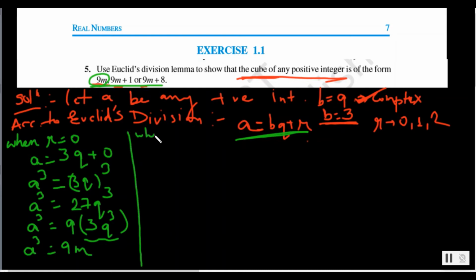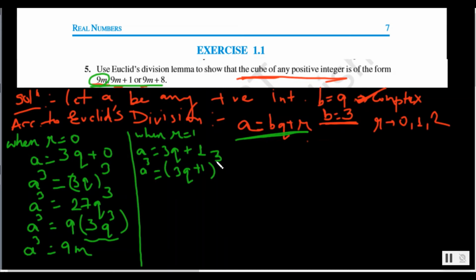When r equals 1, a equals 3q plus 1. Now cubing both sides, a cube equals (3q plus 1) to the power of 3.